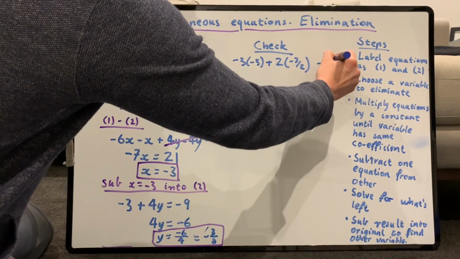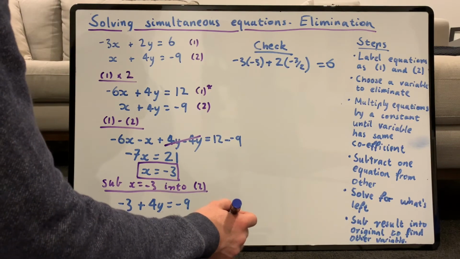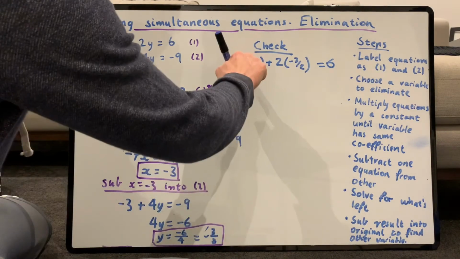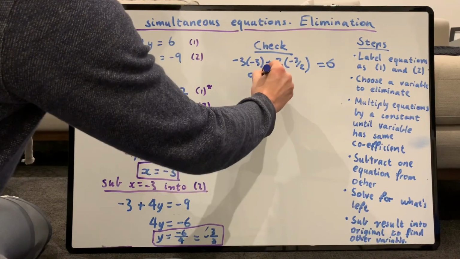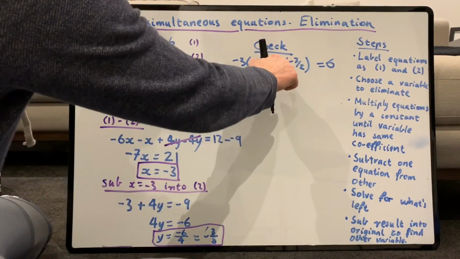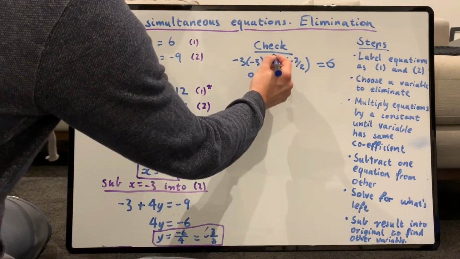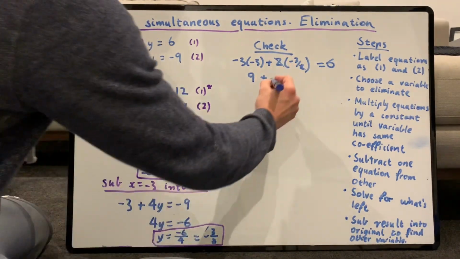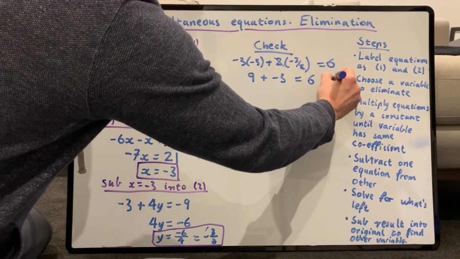Does it equal 6? Well, it's not immediately obvious, is it? Let's do a bit of working. Negative 3 times negative 3 is 9. And 2 times negative 3 on 2, if you look at that cancellation there, is negative 3. So that is indeed 6.